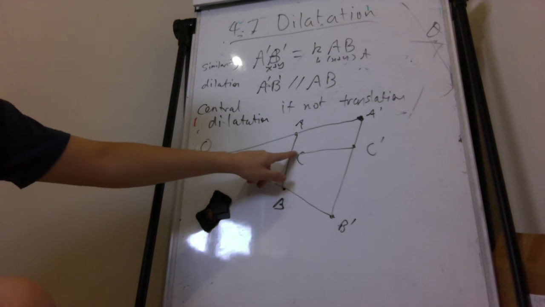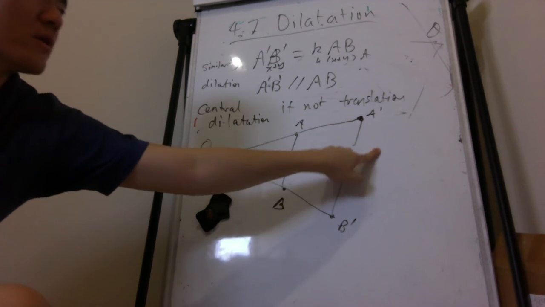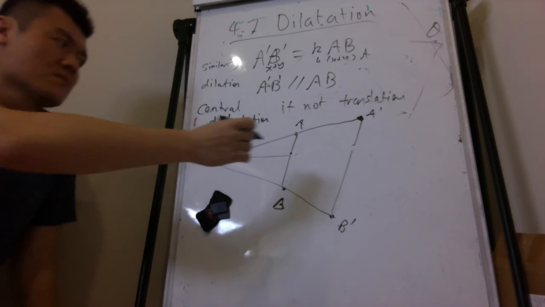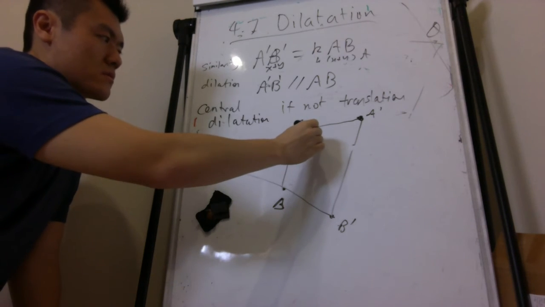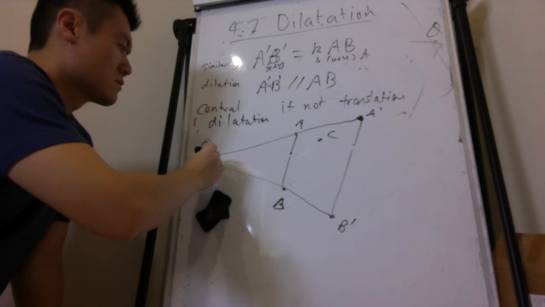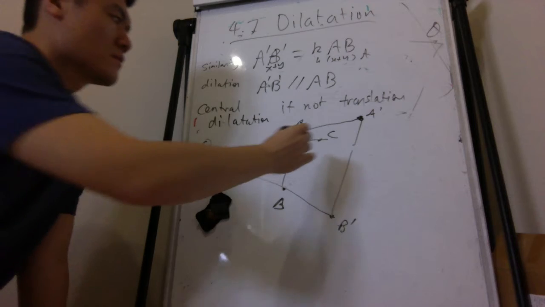The third point doesn't have to actually lie on this segment. The third point could be anywhere, like here, because then it'll just be a triangle, and it'll still be a similar triangle.